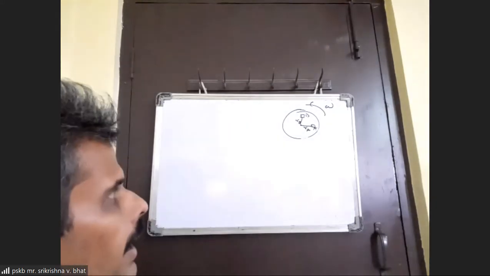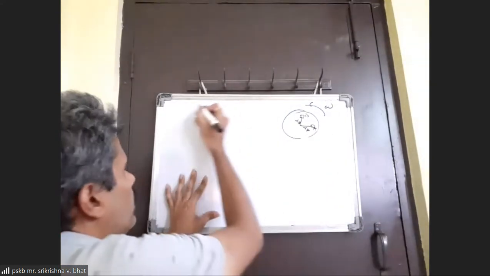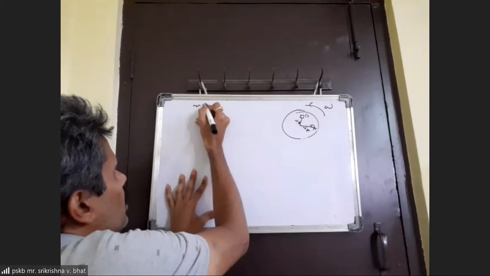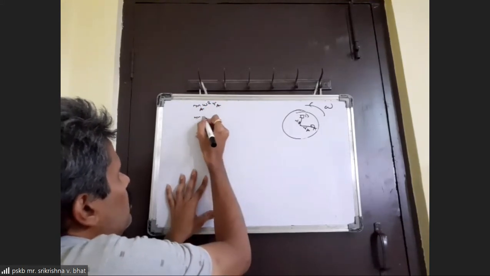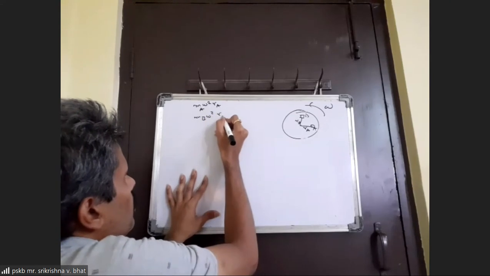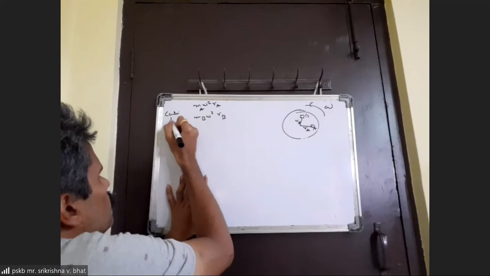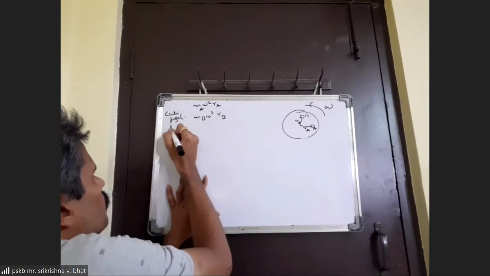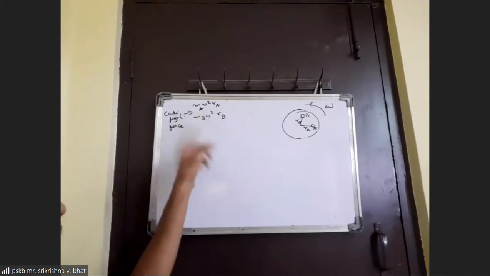Moreover, we can say that the centrifugal force on A will be MA omega square into RA, and for B it will be MB omega square into RB.